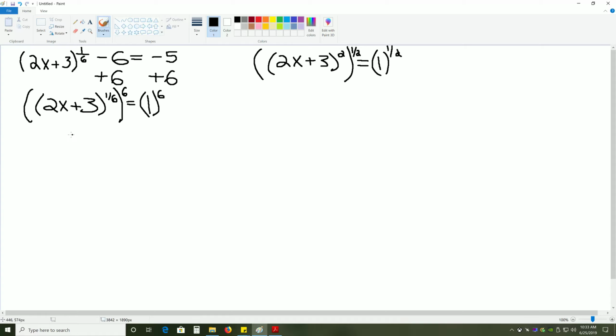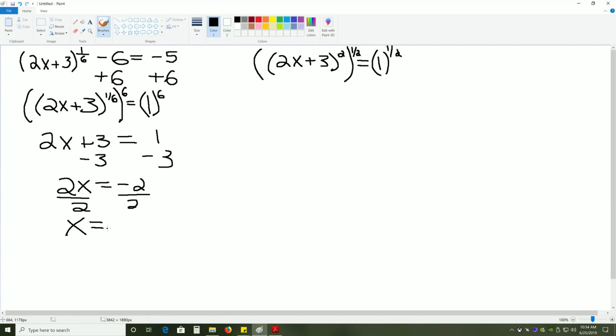So the exponents cancel out, leaving us with 2x plus 3 equals 1 to the 6th power, which is just 1. Now we can solve for x by subtracting 3 from each side, giving us 2x equals -2, and then dividing each side by 2 to get x equals -1.